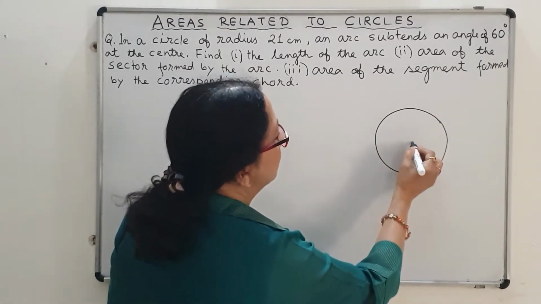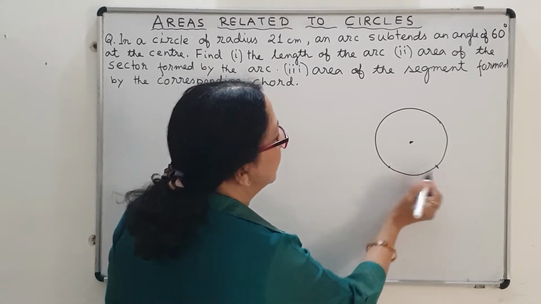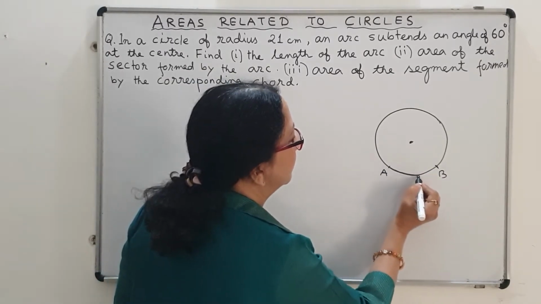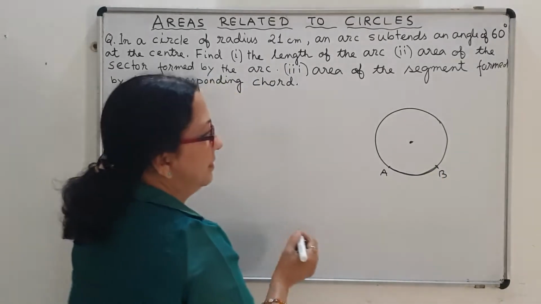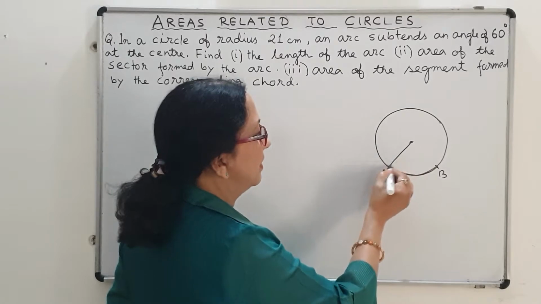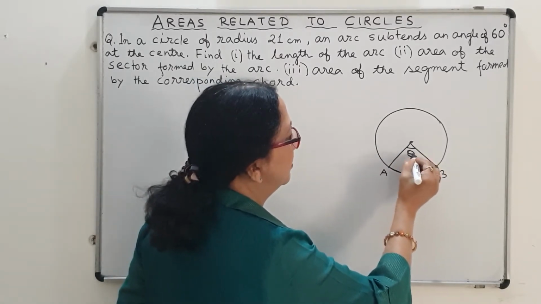You have a circle. Then suppose you have an arc, say AB is an arc of a circle. The arc subtends an angle at the center, say theta.